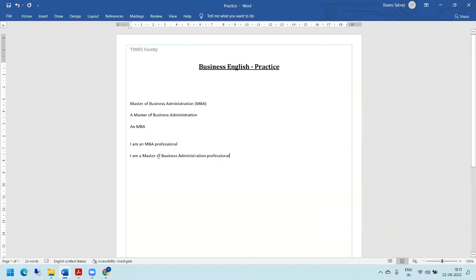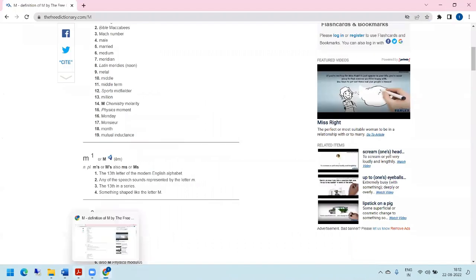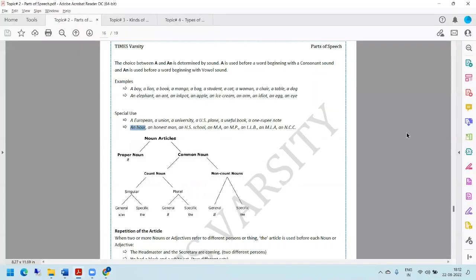Are you getting my point? So it all depends on the sound. Here in MBA, M is with a vowel sound. That's why we are using the indefinite article "an". However, in the full form, master, we are using "a". This is what we need to understand.